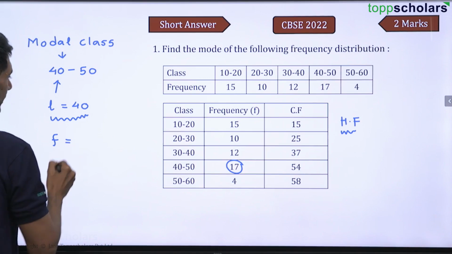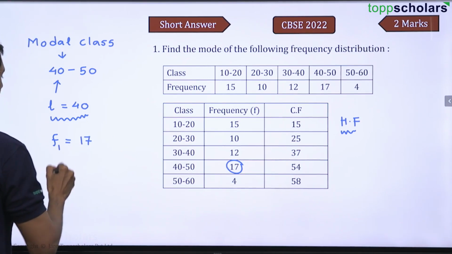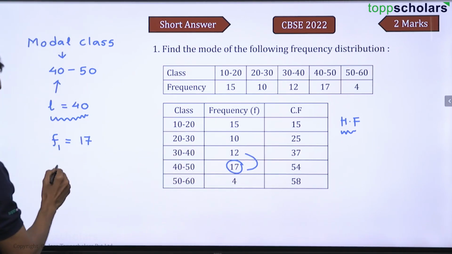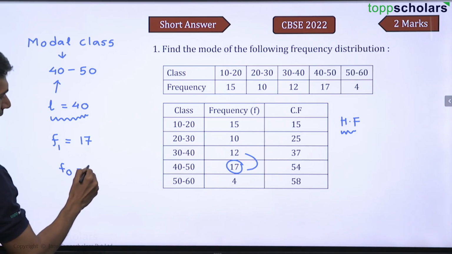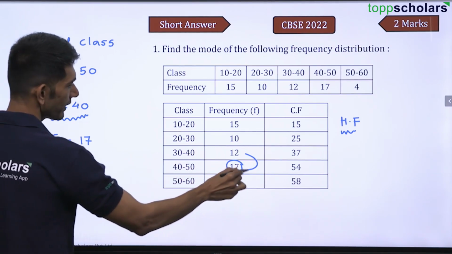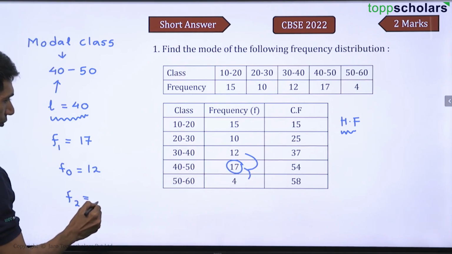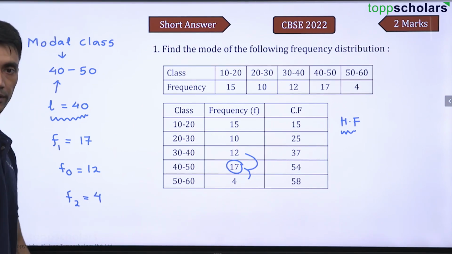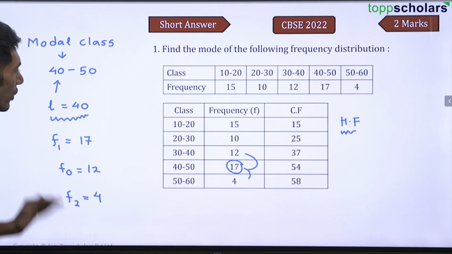The frequency 17 we denote as F1. The preceding frequency is 12, called F0. The next frequency is F2, which is 4. So we have L, F1, F0, and F2.